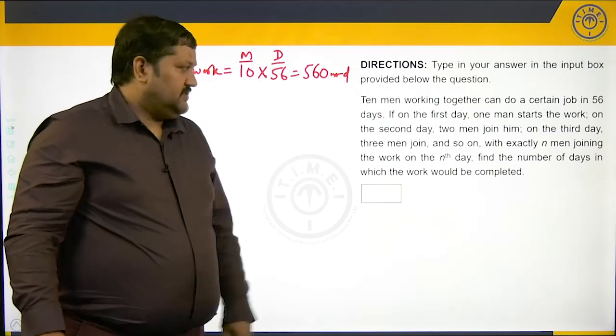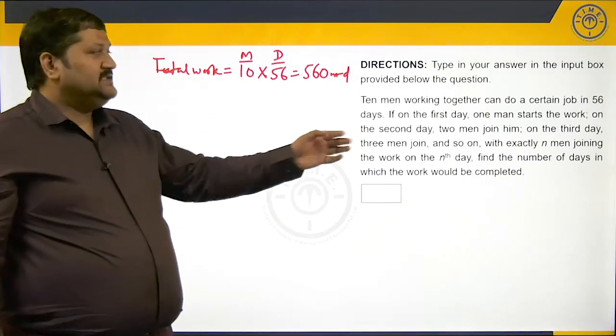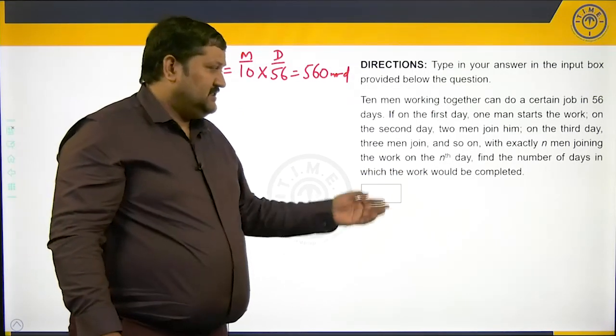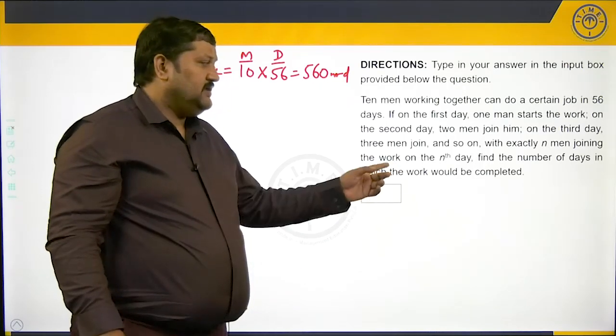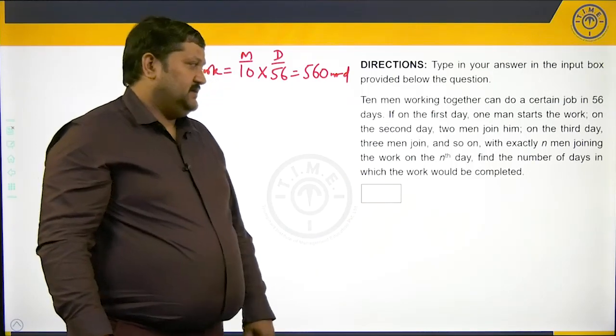Now look at the subsequent follow up that we have. If on the first day one man starts the work, on the second day 2 men join him, on the third day 3 men join, and so on, with exactly n men joining the work on the nth day, find the number of days in which the work would be completed.